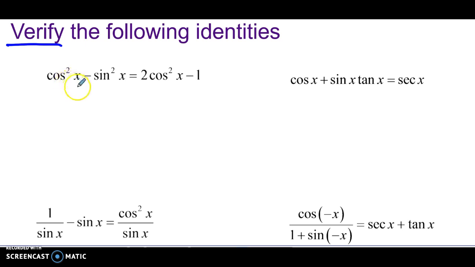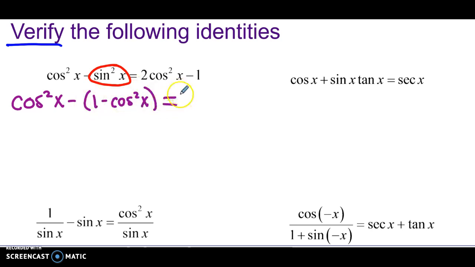This first one, we have cosine squared of x minus sine squared of x equals 2 cosine squared of x minus 1. In terms of which one's more complicated, they're about the same, but I'm just going to work with the left-hand side because I see that it has two trig functions, and I think I can do something with that. Right away I'm noticing that I have the sine squared of x, and that reminds me of the Pythagorean identity, which is 1 minus cosine squared of x.